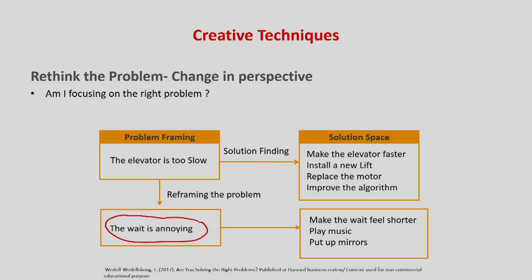We can really think about whether the elevator is too slow, or the time taken by the users to reach from point A to point B is long, and therefore this long period of time is making people annoyed. This long wait is annoying for them, right?